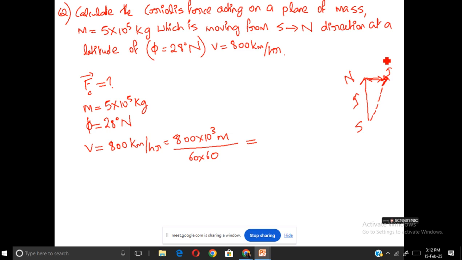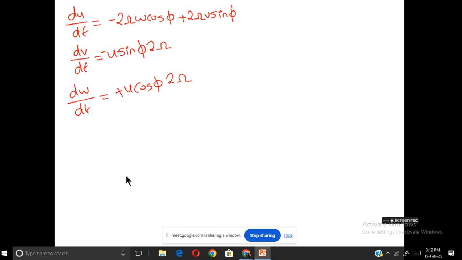So we need the i component of the Coriolis force, m du by dt, which is in the i direction, which is given by, as we have seen here, minus 2 omega w cos phi plus 2 omega v sin phi.